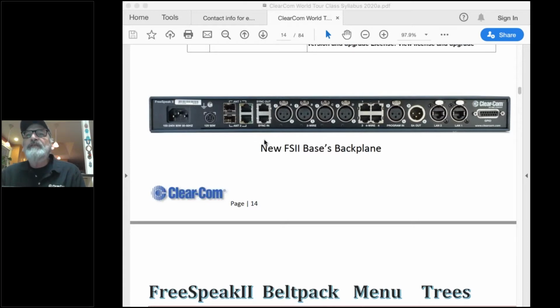So what we did is I took the sync out of their base station and ran a Cat5 cable about 300 or 400 feet up to our booth where we had our base station. And what that does is it coordinates the two base stations so you don't have collisions in the DECT stack.